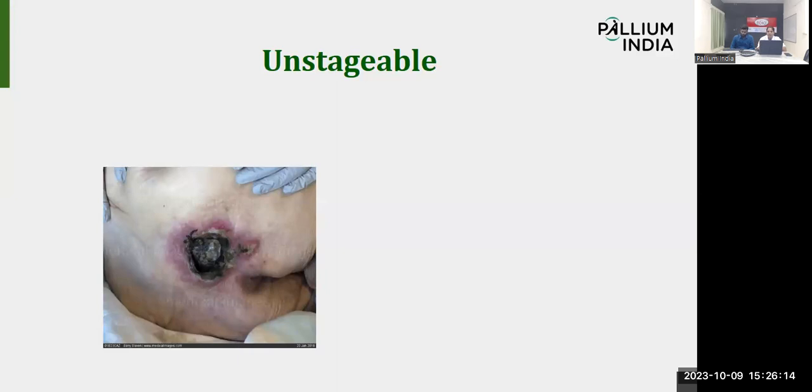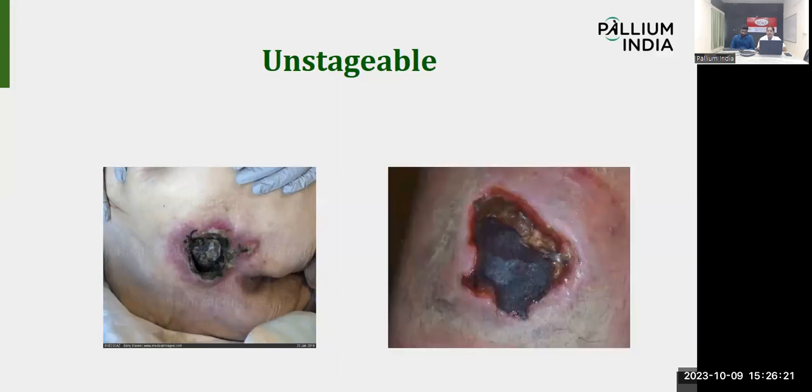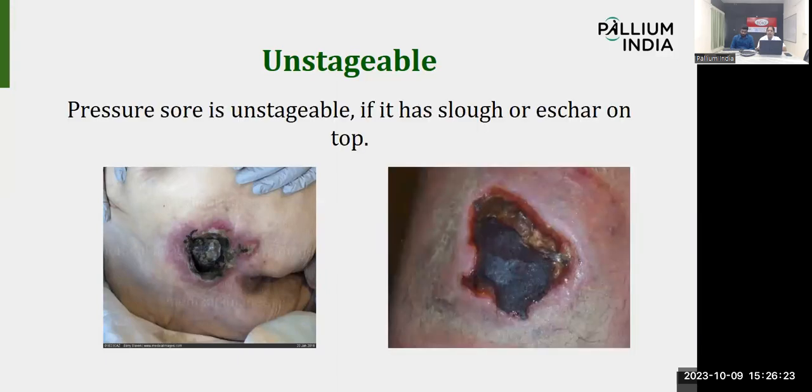The pressure sore that is unstageable has slough or eschar. Slough means dead tissue. When debridement is done and you remove that dead tissue from the pressure sore, then only you will be able to identify whether it is a stage 3 or stage 4 ulcer, right?